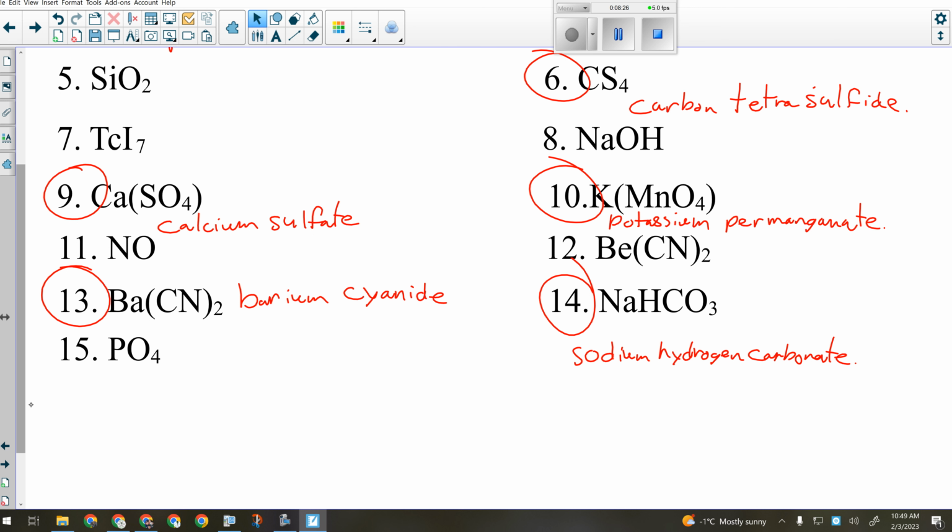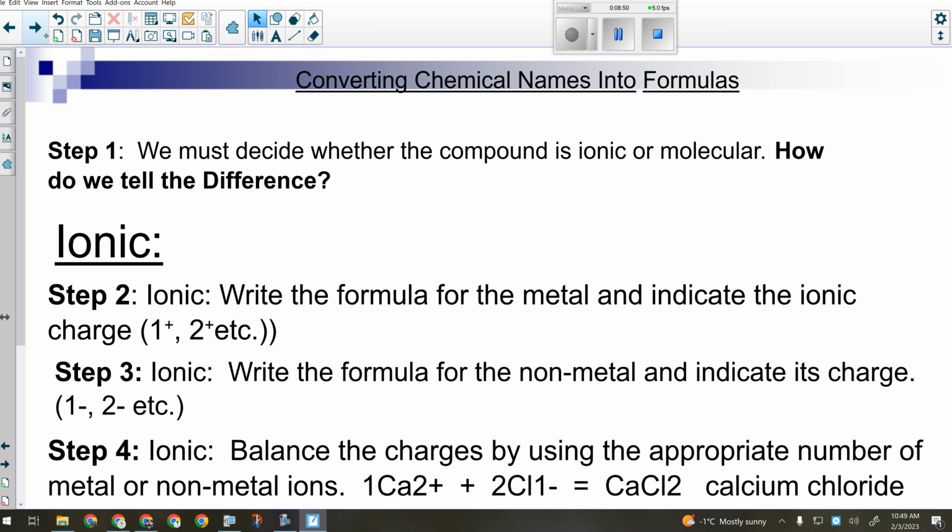That's baking soda. Okay, let's look now at going the other way. We've done all this work with here's the formula, write the name. Now we have to look at here's the name, write the formula. For molecular compounds, that's a pretty easy process. We look at the prefixes and we put the appropriate numbers in the formula and we're done. Writing the formulas for molecular compounds is pretty straightforward.